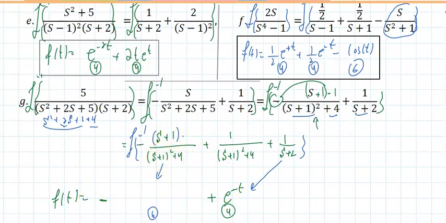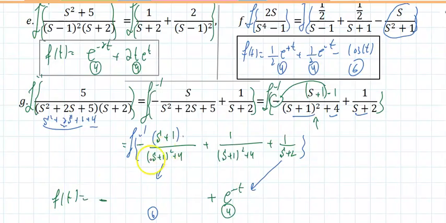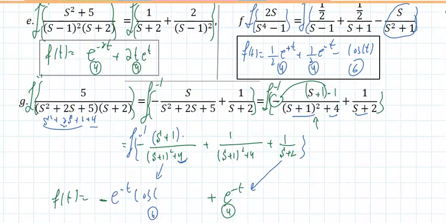So the shift is actually s plus is a negative 1. So it's e to the negative t. And there's a cosine. What do you square to get a 4? You square a 2. That's the angle, or the argument, whatever you want to call it.